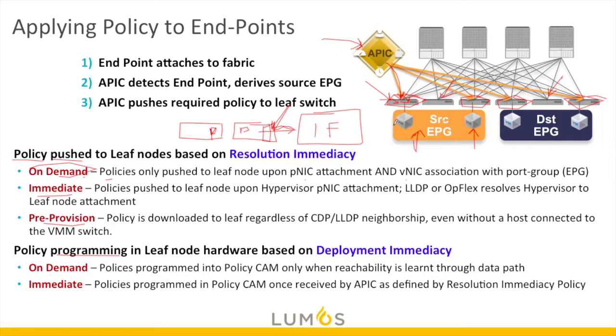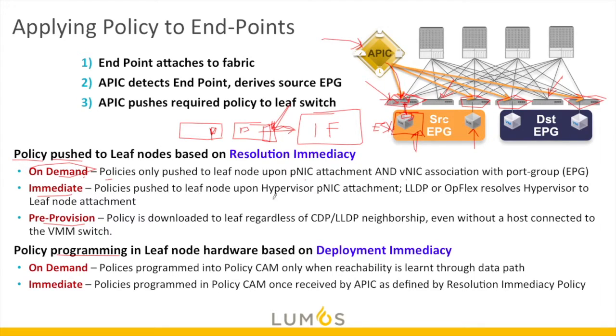So as soon as we discover an ESXi host, and we discover that we've attached a physical NIC, which VMware calls a VM NIC, or PNIC, and the VNIC associated with the port group on the vSwitch, then we will push the policy to the leaf. That's on demand.